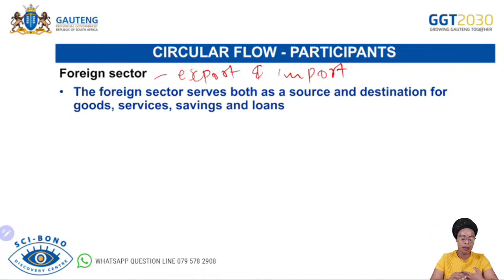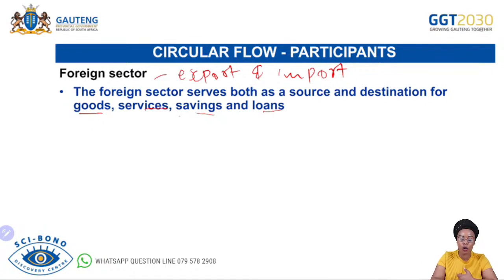That is an import. So the foreign sector serves both as a source and destination for goods, services, savings, and loans. So we don't only export or import goods and services. We can also borrow money from other countries, or other countries can also borrow from us. We can also invest money in other countries, or foreigners can invest in our country. We can also save money in other countries, or residents in other countries can also save money in our country.